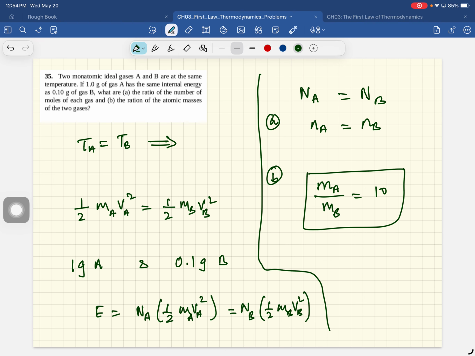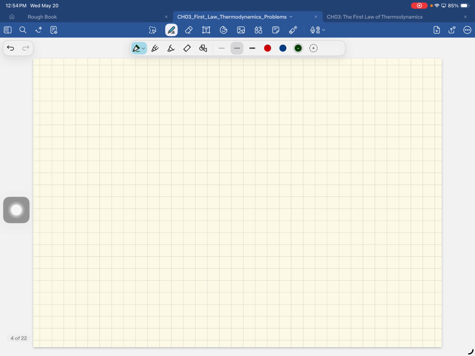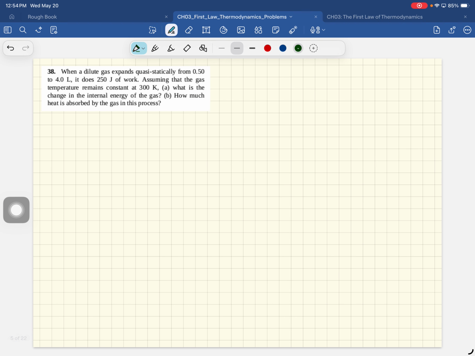Okay, again, for this process, the work done under this area and under this area. Okay, under 2 isotherms, and that's the formula for the work done under an isotherm.